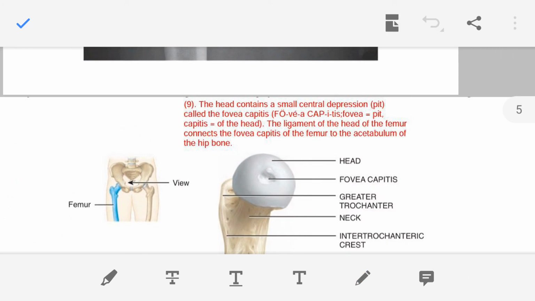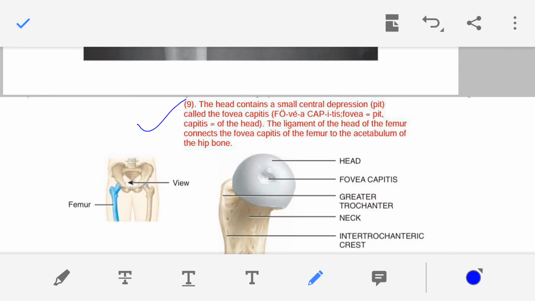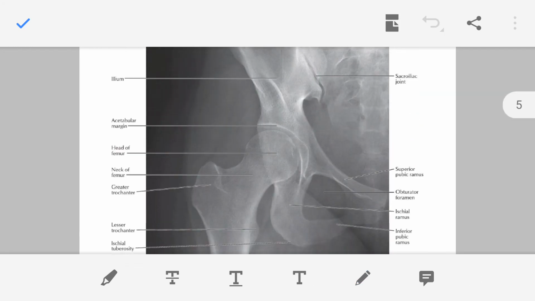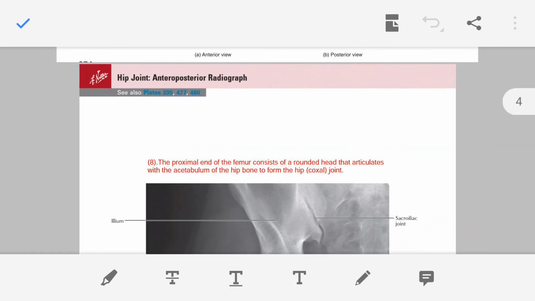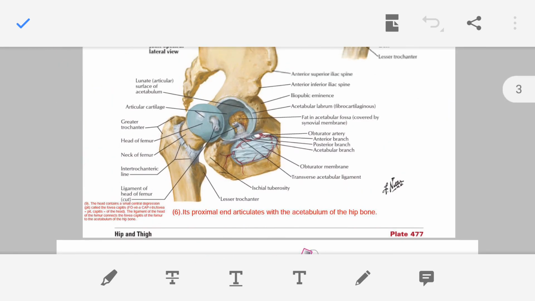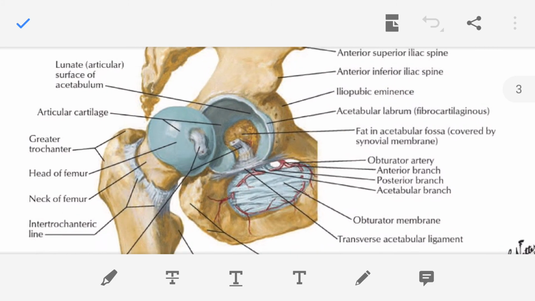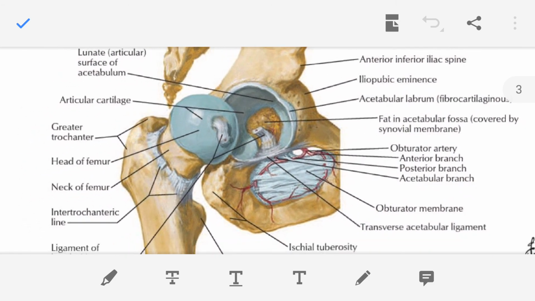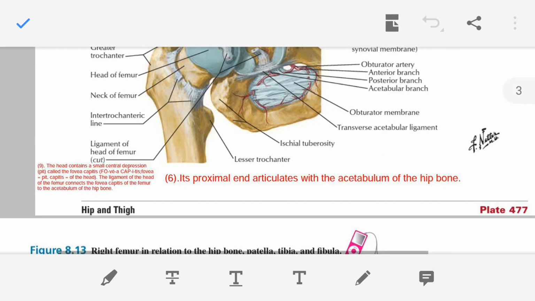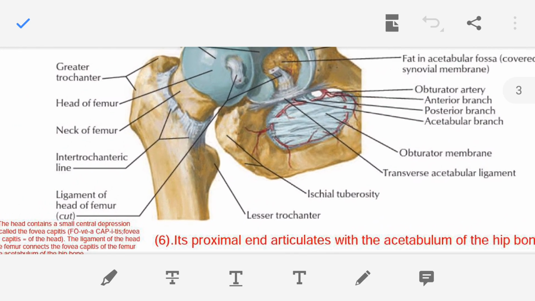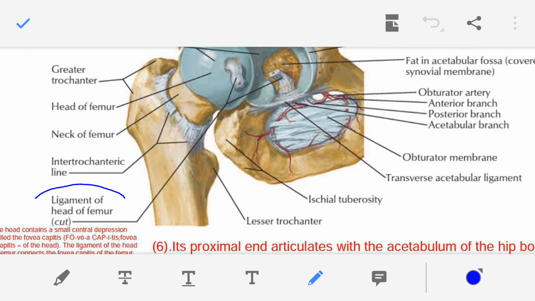With the figure you will understand this. I am showing you one figure, so you will get the idea. For example, see this ligament and this ligament, and if you follow the arrow, you will find the ligament of the head of the femur.